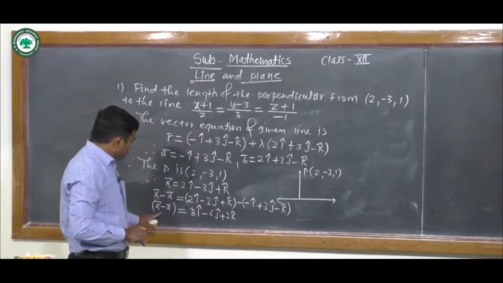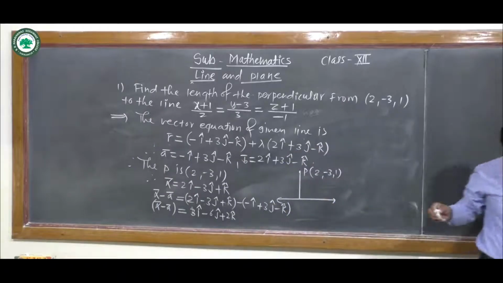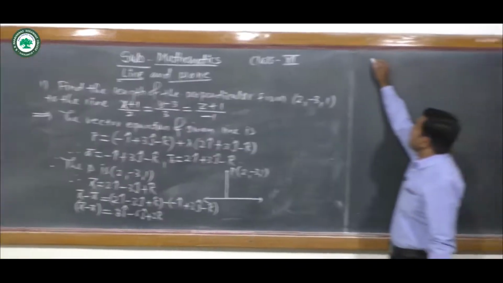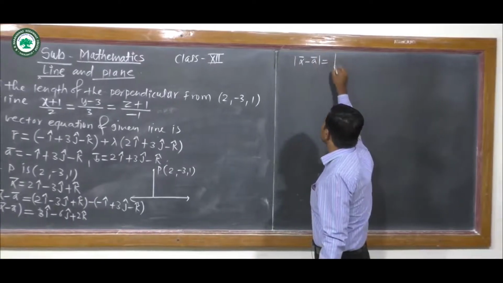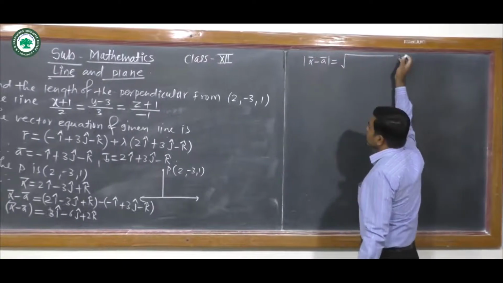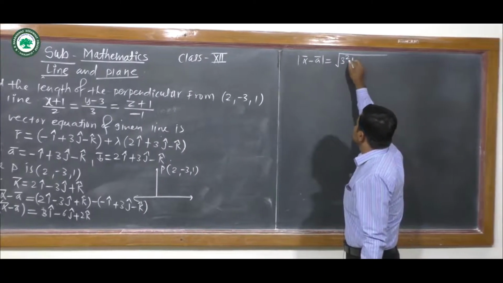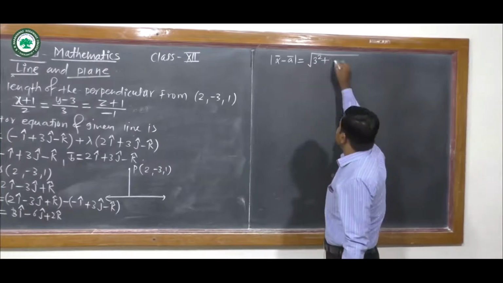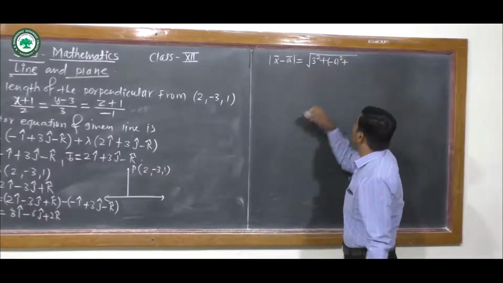Now we have to find its magnitude. Magnitude of alpha bar minus A bar is equal to the square root of 3 square plus minus 6 square plus 2 square.